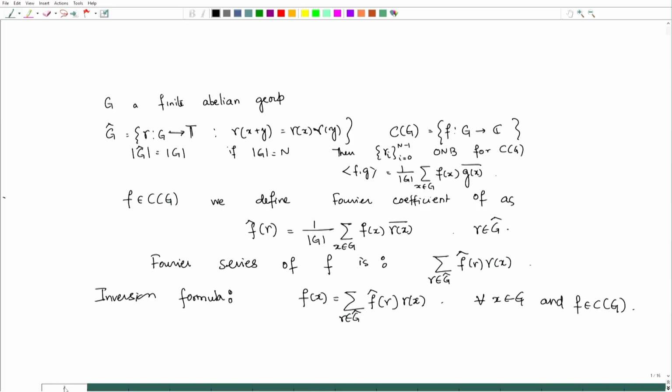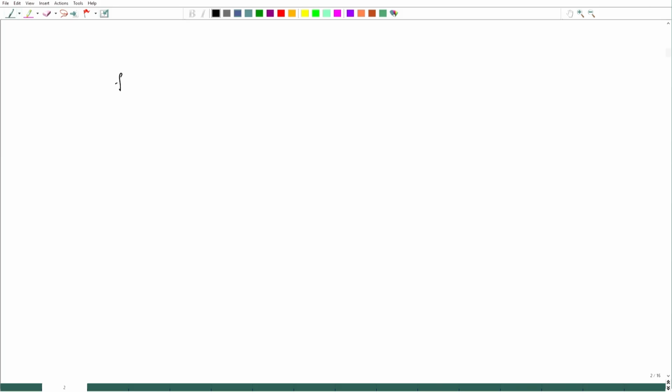Now, first let us see f is in C G, and G hat forms an orthonormal basis for C G. Thus, as G hat is an orthonormal basis for C of G, f of x is equal to summation over gamma belonging to G hat, alpha gamma times gamma of x.